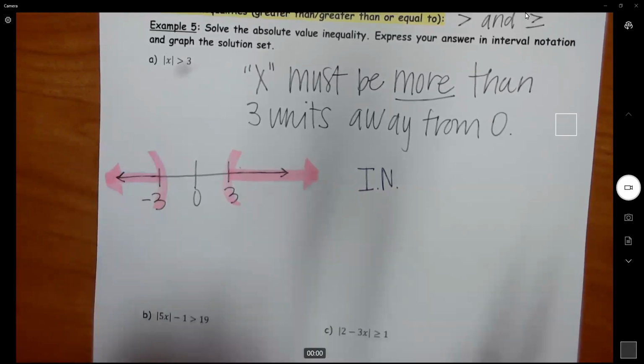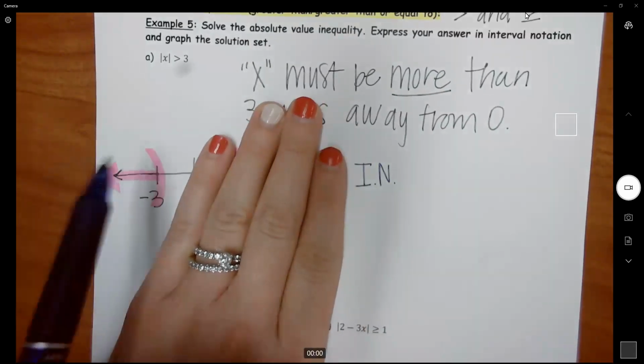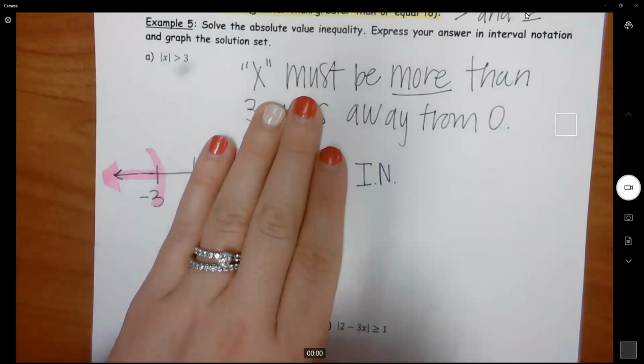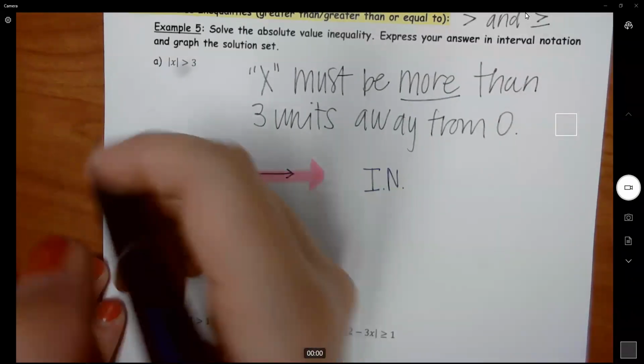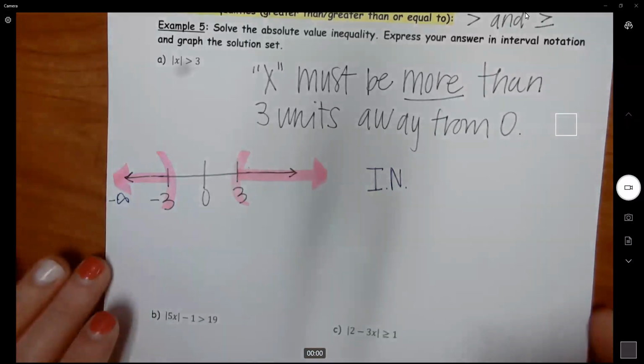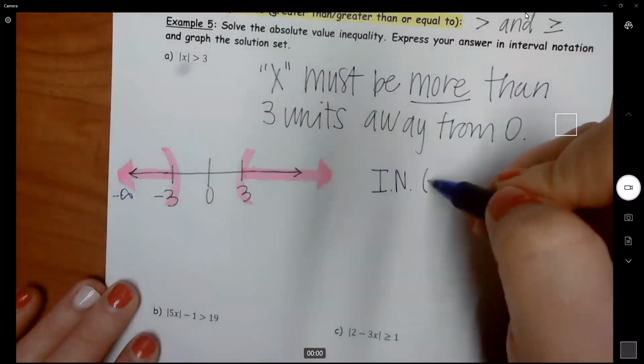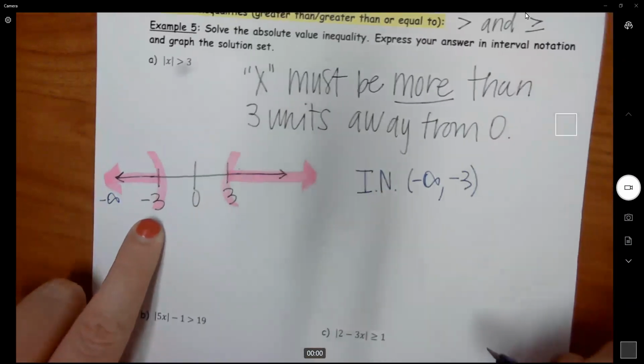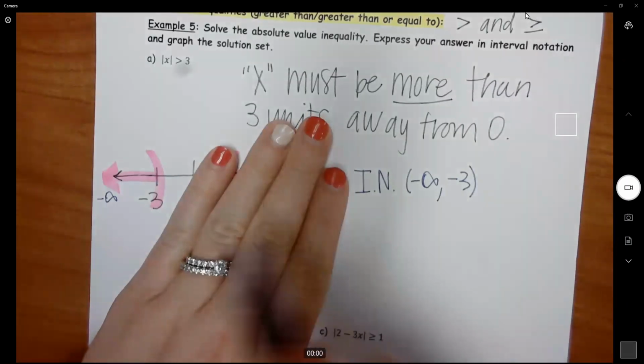If this wasn't even here, how would we represent this portion in interval notation? Well, this is forever going further and further to the left, so this is negative infinity. So we have negative infinity to 3 with a parenthesis. Okay, that is this portion here.